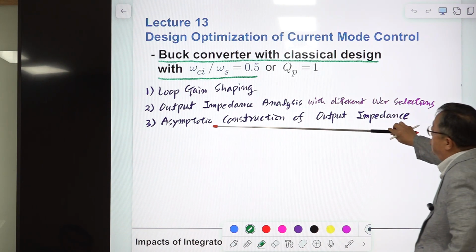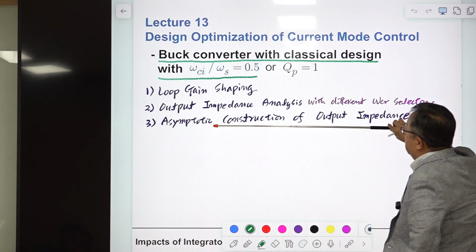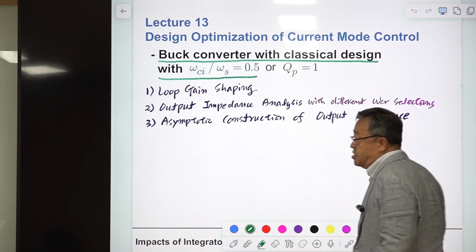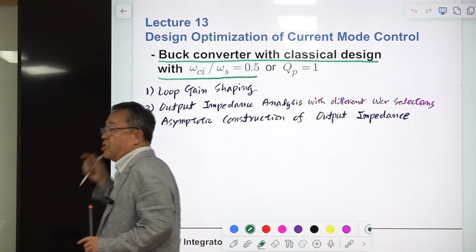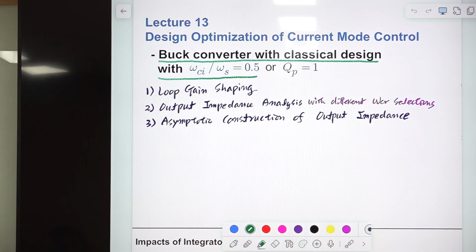And I'd like to show the asymptotic construction of output impedance. In lecture 14, I'd like to discuss the relationship between output impedance and the step load response.